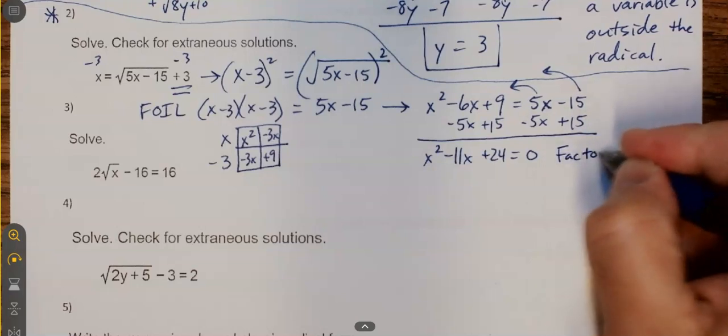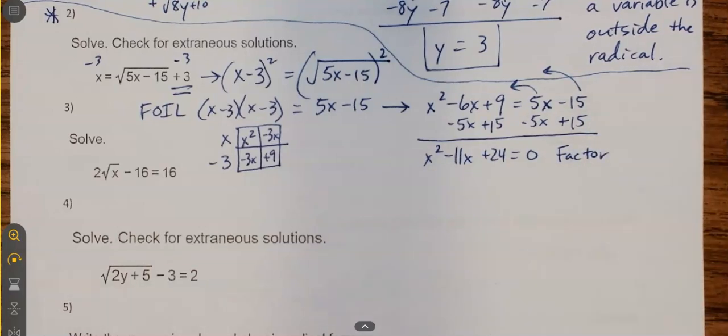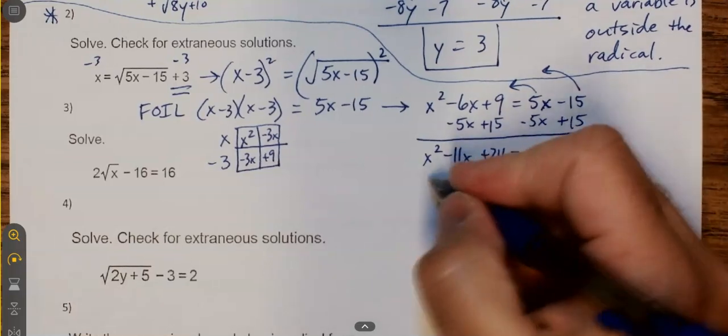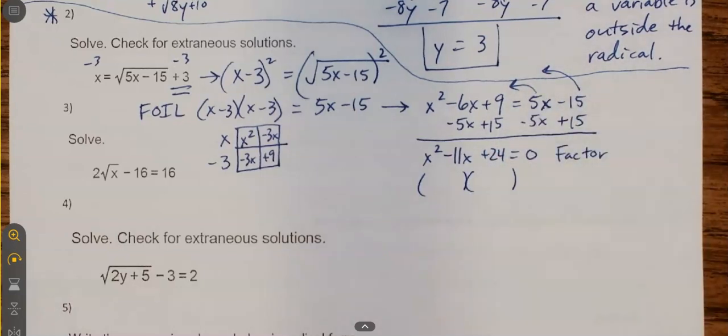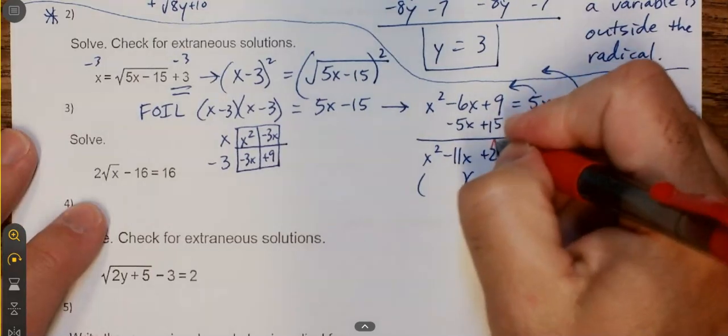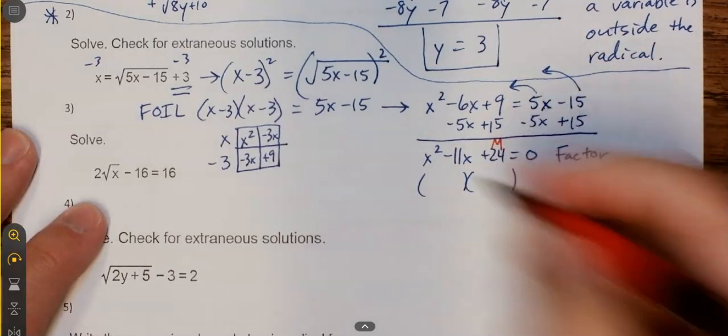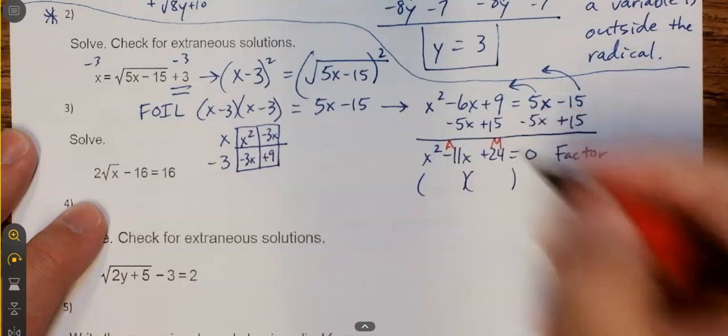Now it's time for you to factor this thing. I mean, unless you want to hit it with the quadratic formula like we did from first semester, but I'm guessing most of you would want to factor this because they're nice, easy numbers. We are looking for numbers that multiply together to give us 24, but add up to negative 11.